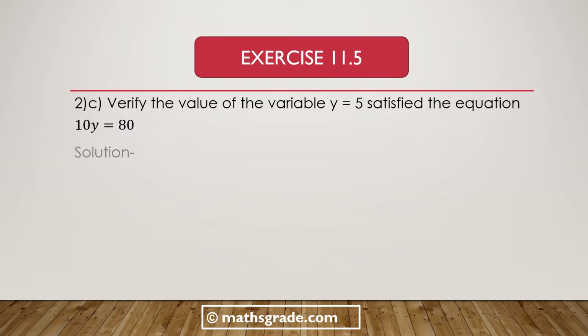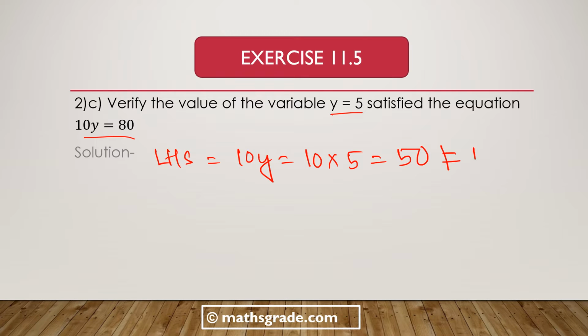Now third bit C. Verify whether the value of the variable y equal to 5 satisfies the equation 10y equal to 80 or not. Left hand side is 10y. We substitute the value y equal to 5 in the left hand side 10y. 10 multiplied by 5 is equal to 50, and 50 is not equal to the right hand side, which is 80.